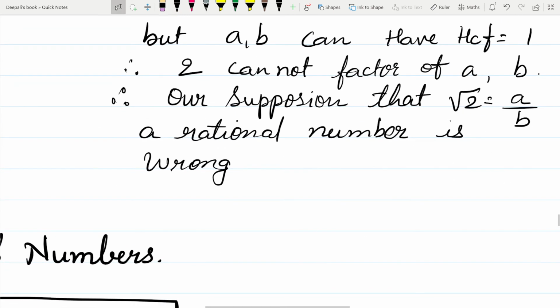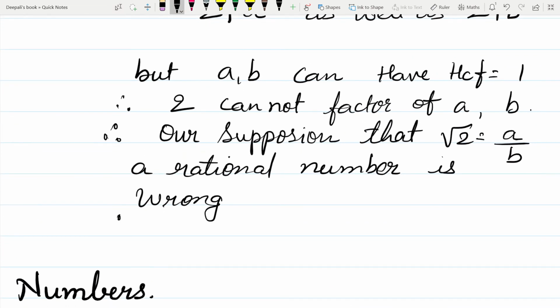Now, since it is not a rational number, root 2 is irrational. I hope this is clear to you.